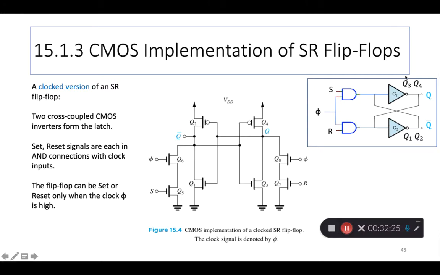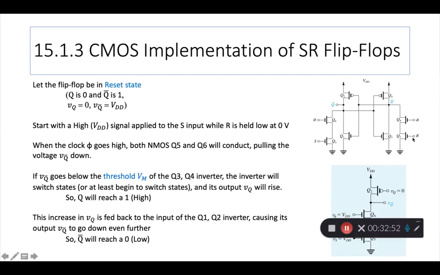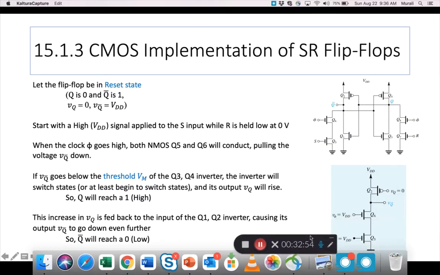Using S and R you change, but either S or R only works when the clock pulse is high. So when the clock pulse is low, it doesn't matter what you do with S and R, no changes happen. The bistable still stays in its locked state. Okay? All right.